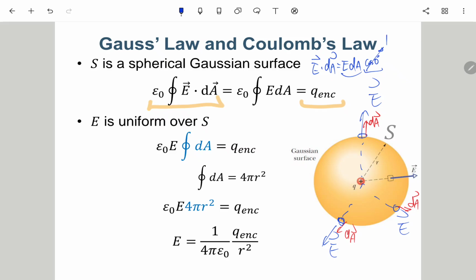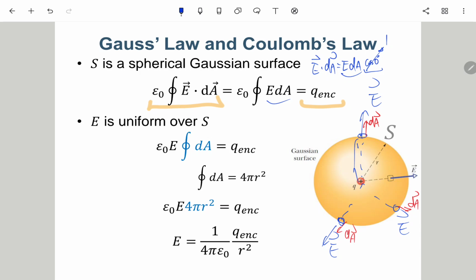Okay, so E dot dA becomes E times dA. And also we can observe that E is constant, because E is just related to the distance from the point to the charge.